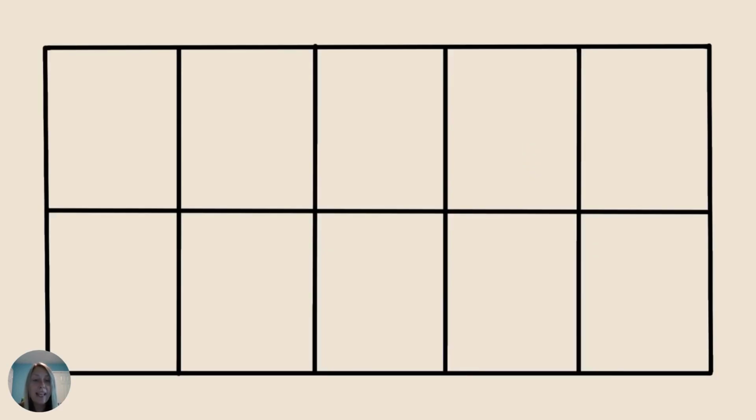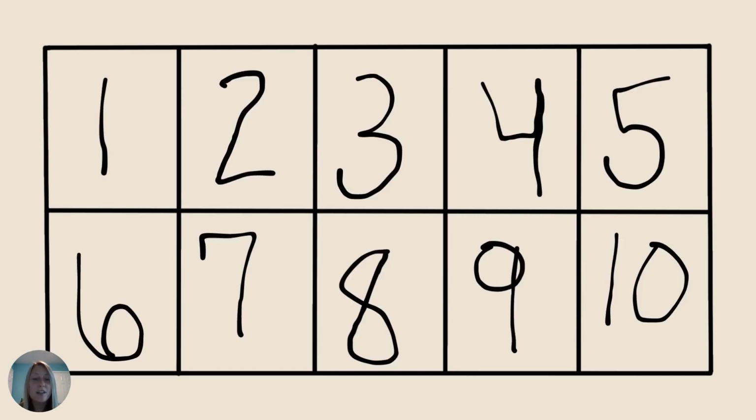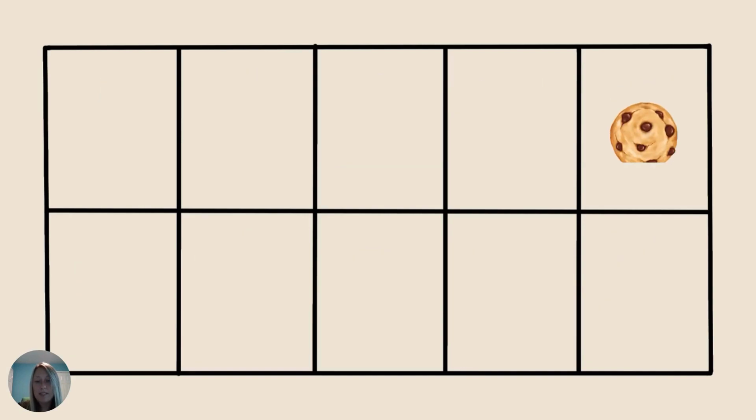We're also going to be using our 10 frame, and this is where our one-to-one correspondence comes in. We're going to represent our numbers on our 10 frame, and we know that each square inside of our rectangular 10 frame represents one number, all the way up to 10, right?